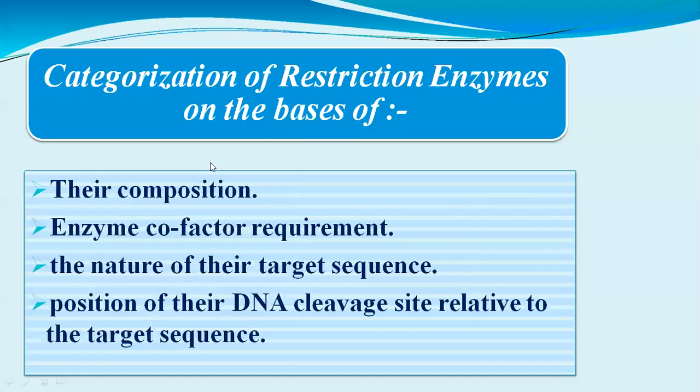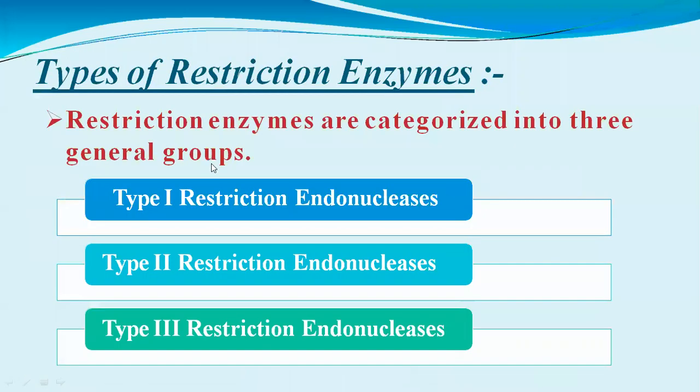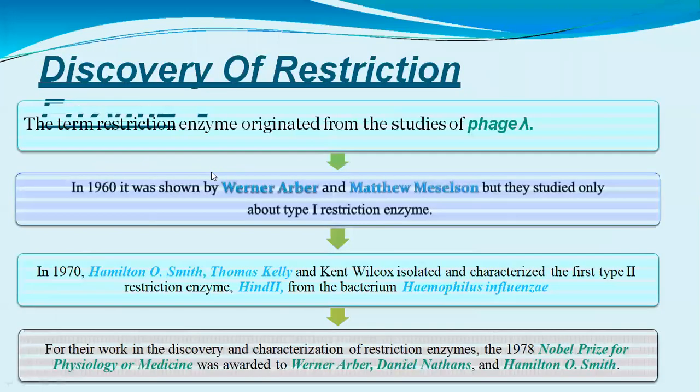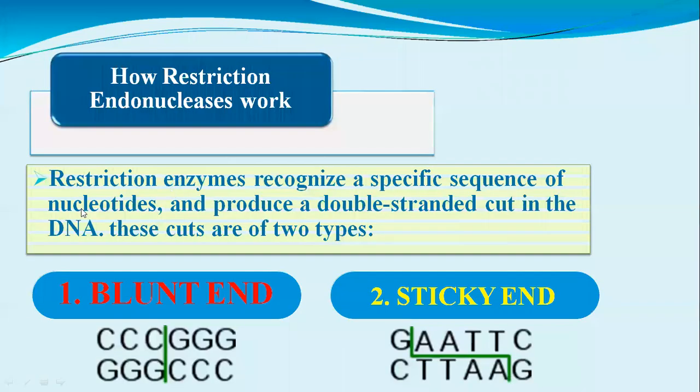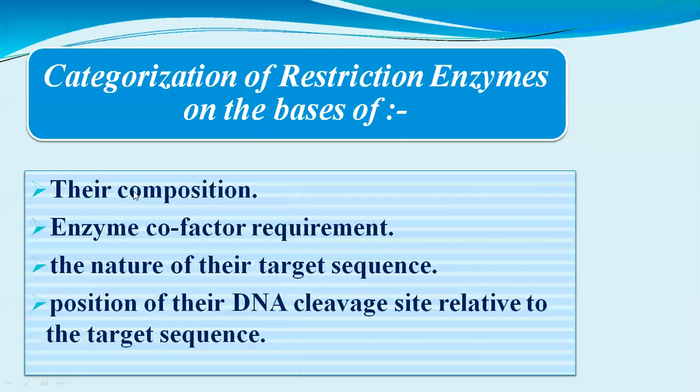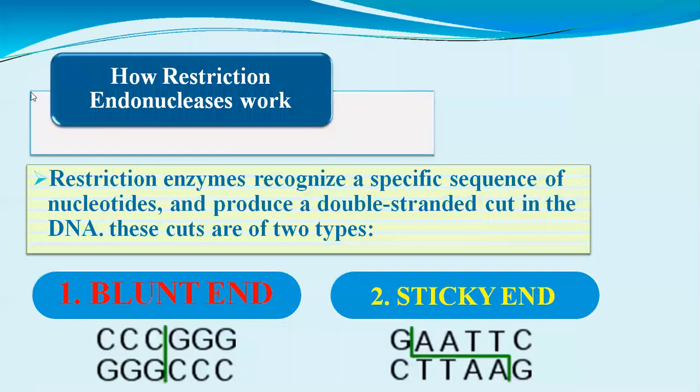We will see each type in detail: type 1, type 2, type 3, and also the nomenclature of restriction enzymes. So far, we have learned the definition of restriction enzyme, and what different types, meaning categories, there are for restriction enzymes, and on what basis those categories are made. That is what we have seen. And then how restriction endonucleases work.